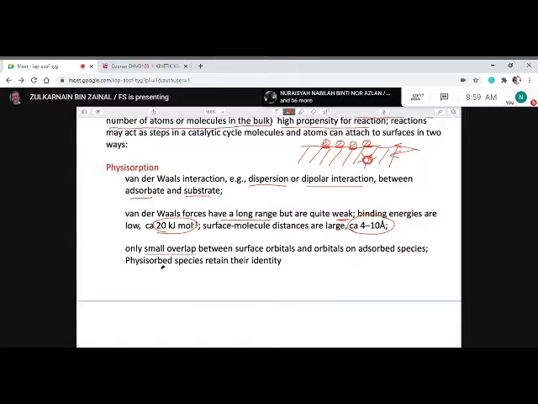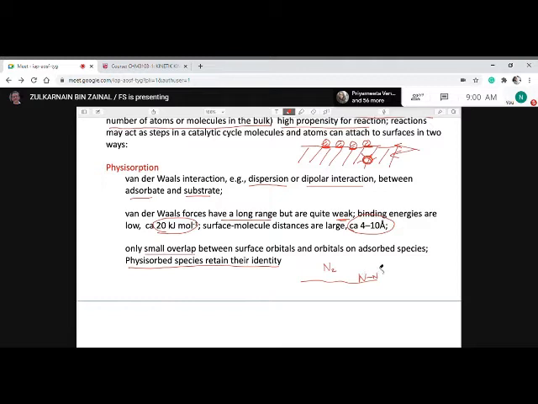As we have seen earlier, when the adsorption occurs, the adsorbate still retains its original identity, meaning that the adsorbate doesn't change in terms of its chemical identity. If nitrogen gas, for example, is adsorbed on the surface, it is still nitrogen, so there's no bond breaking.